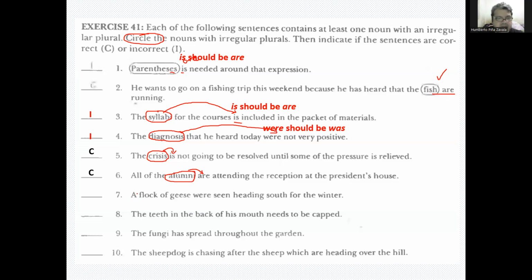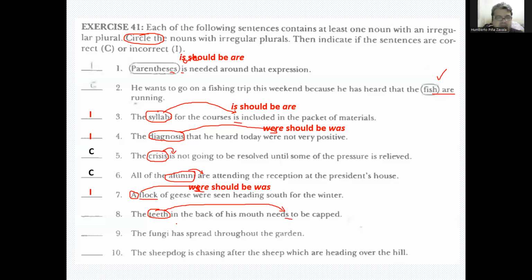A flock of geese. Okay, here we have a flock, like a group of geese, where a flock of geese was, a group was singular, headed south for the winter. The teeth in the back of his mouth, the teeth, plural, needs to be kept.